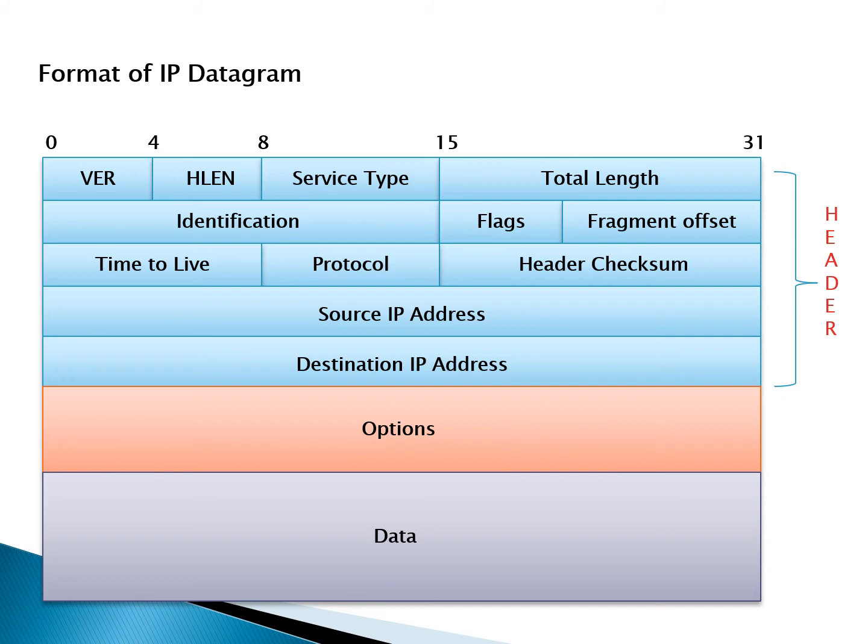In the third row, time to live, protocol and header checksum. The fourth row has only the source IP address and the fifth row has the destination IP address. You can see source and destination IP addresses are 32 bits long. Next is options, which I already said is an optional field, and next is data.